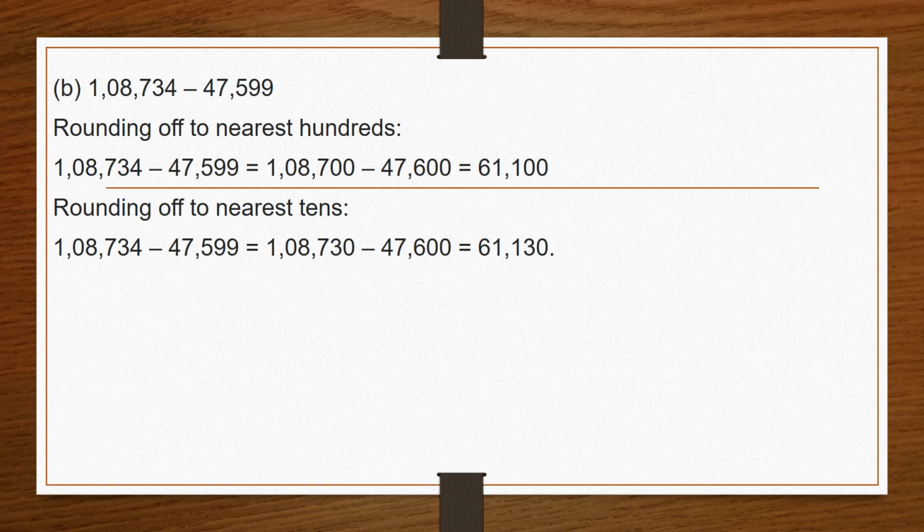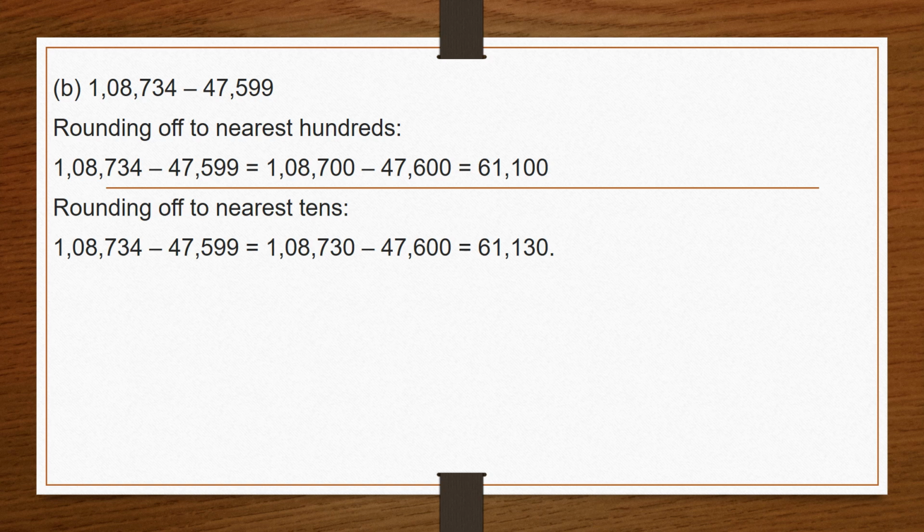In 47,599, the tens digit is 9, so this number is rounded up and it will become 47,600. So the difference is 61,100.